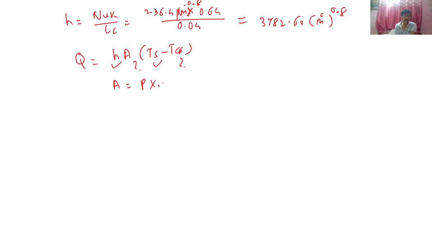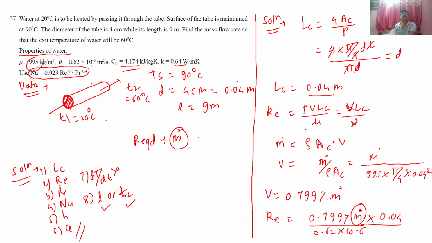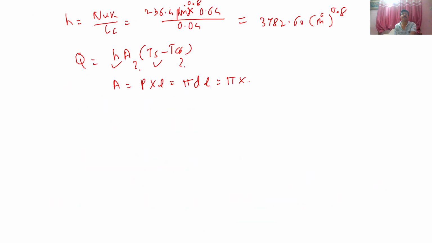For flow through a channel, it is perimeter into length, so it is pi d L. d is 0.04, and L is 9. Area comes around pi into 0.04 into 9, which is 1.1309 meter square.